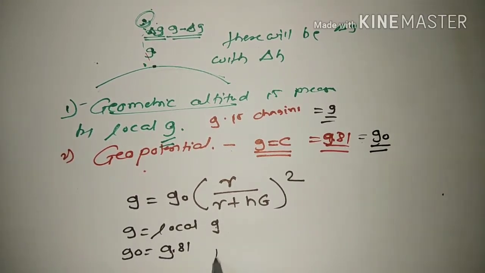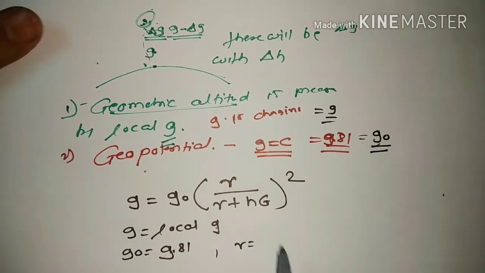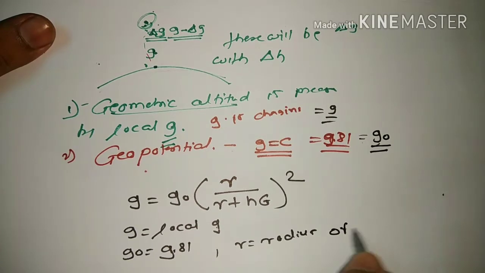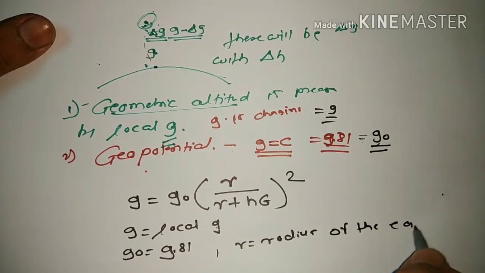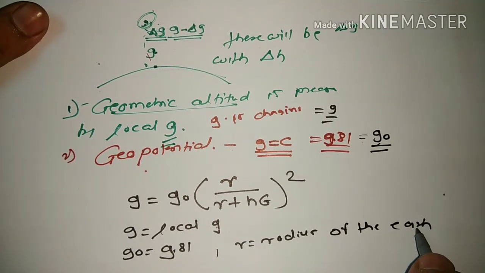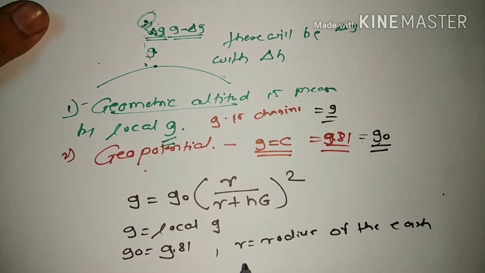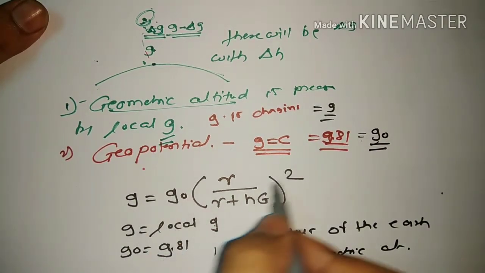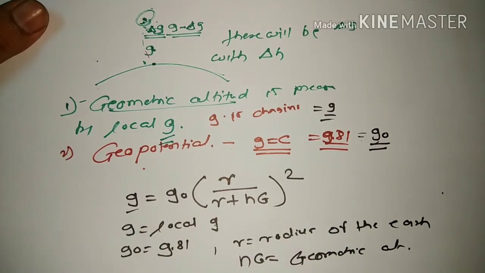Next, R is the radius of the earth, and Hg is obviously the geometric altitude. So we can calculate g by putting these values in.